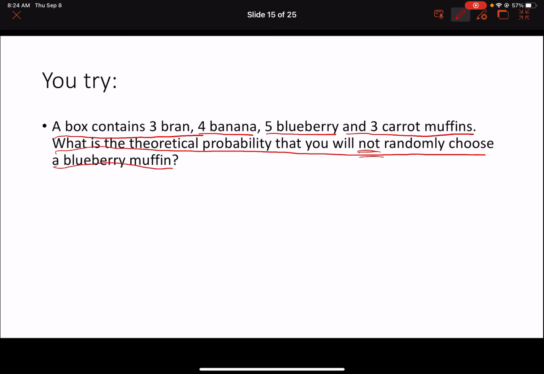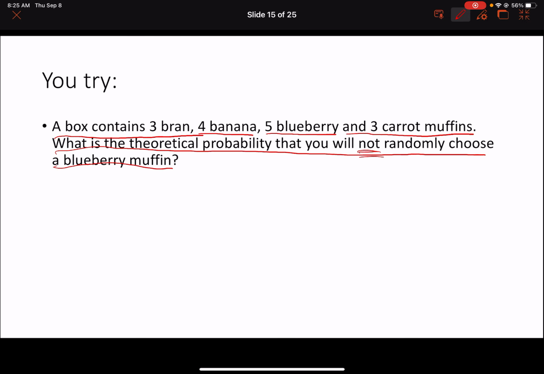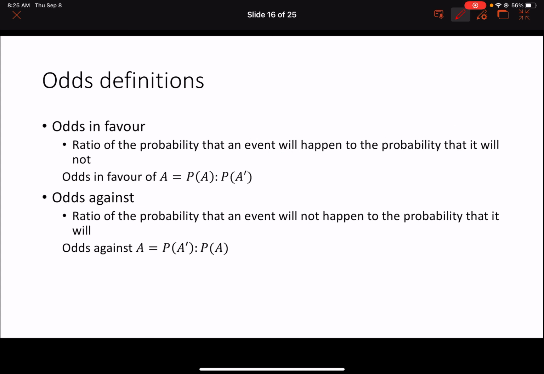Well, I could calculate the probability that I choose one of these other muffins, or I could calculate the probability of selecting a blueberry muffin and then doing 1 minus the blueberry muffin. You try it out yourself.